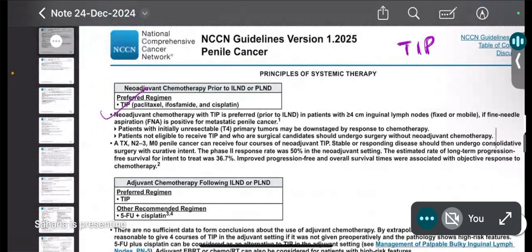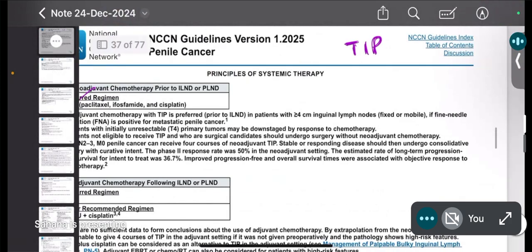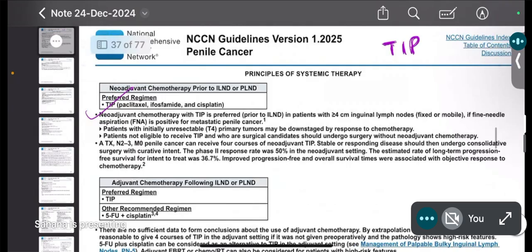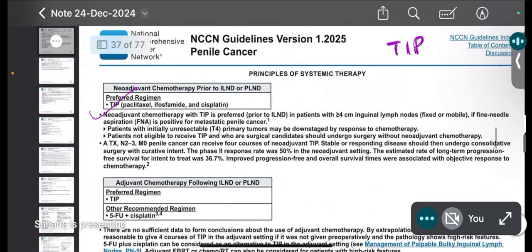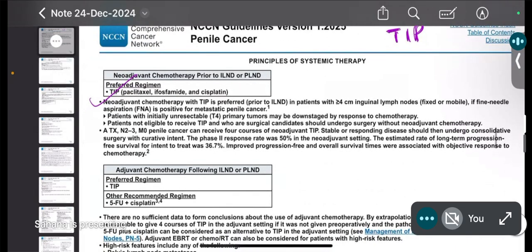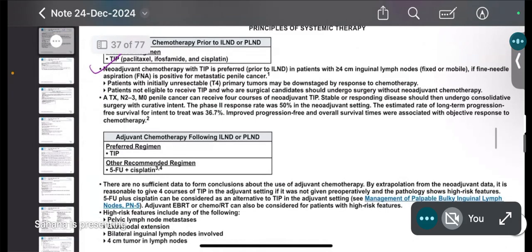This is the preferred regimen, TIP: paclitaxel, ifosfamide, cisplatin. This is also used in neoadjuvant or adjuvant setting. So we saw that bulky nodes, fixed nodes, and T4 larger, in all of them you will see whether it can be downsized and then operated.